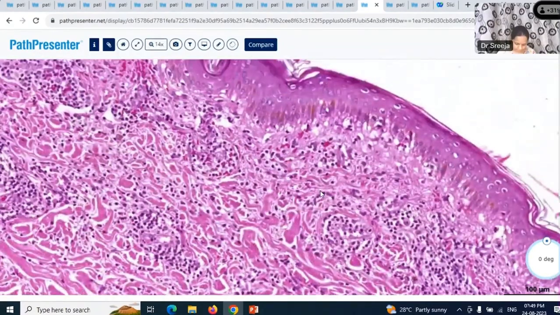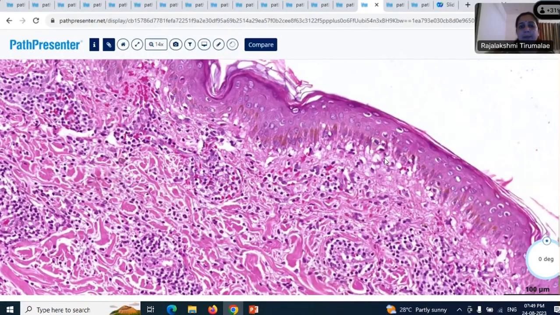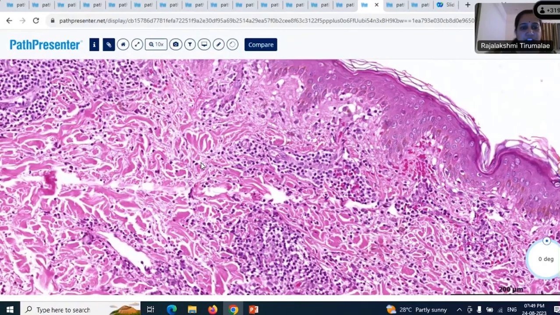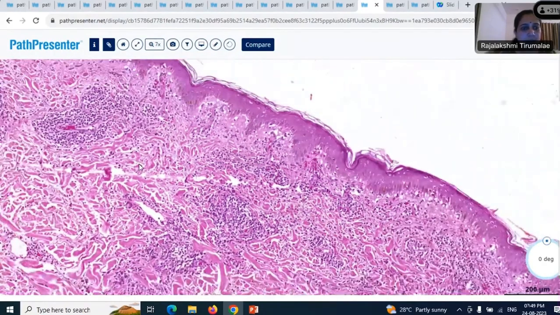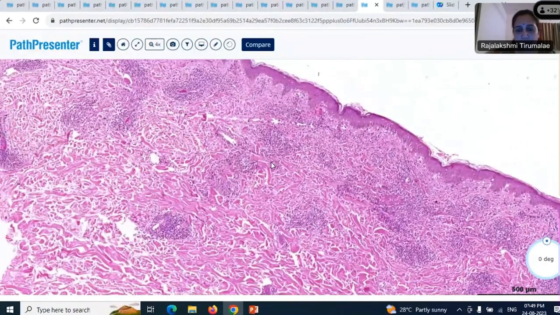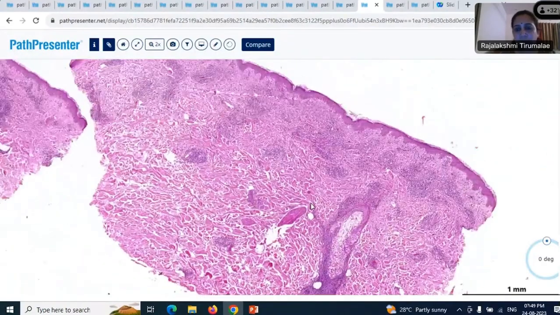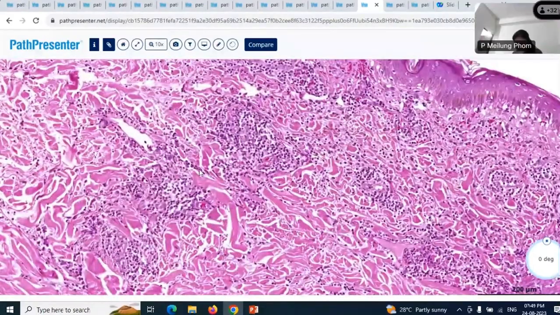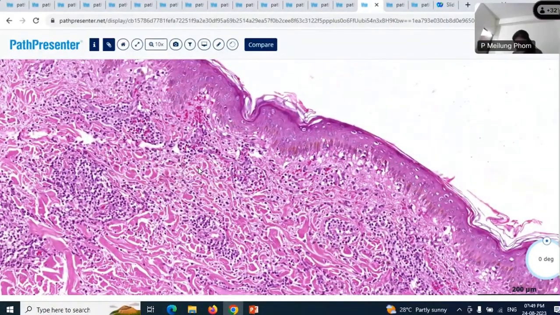You can see that here also. So like you rightly said, the dermal infiltrate is superficial and deep. It's perivascular, periadnexal, and perhaps perineural. So this is around the follicle also that you can make out. And the epidermis does look a little atrophic. It looks thinned out. You're not able to appreciate the rete ridges very well.